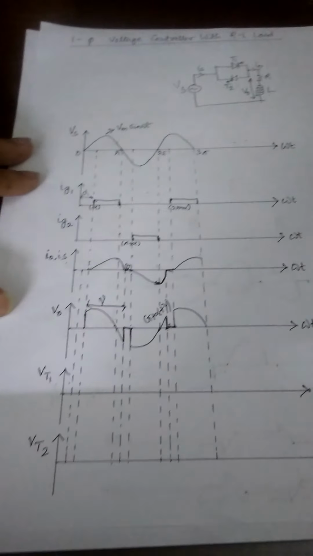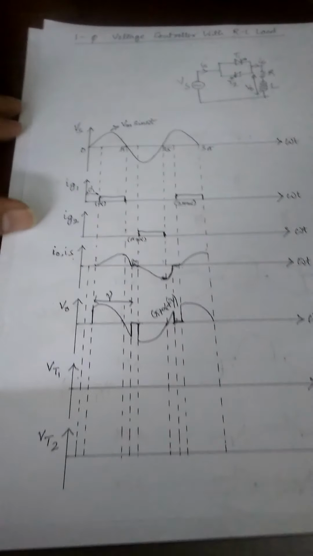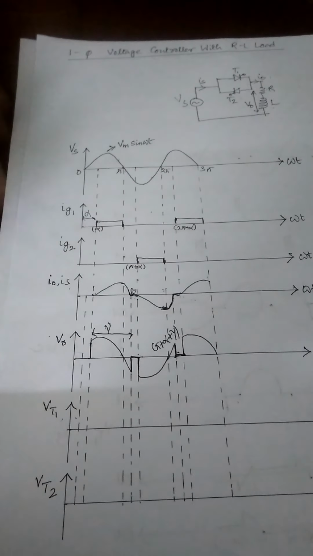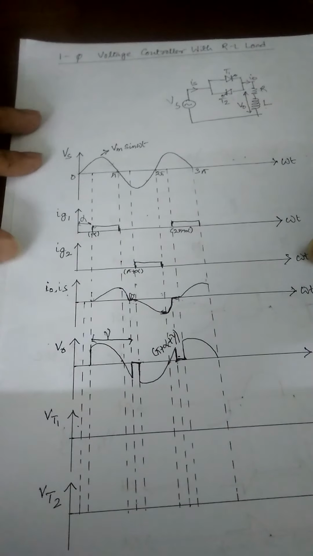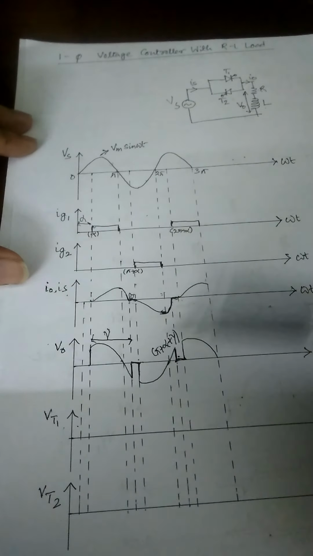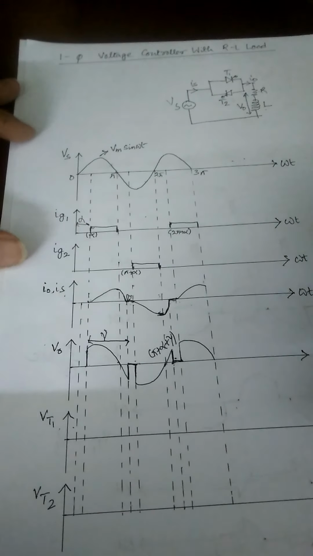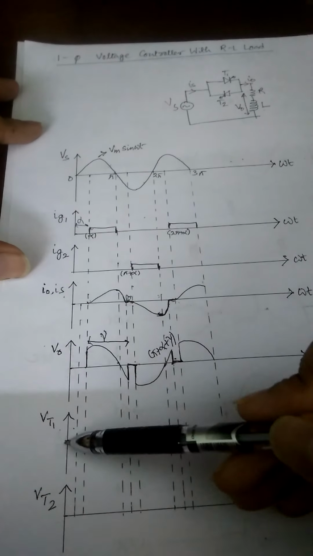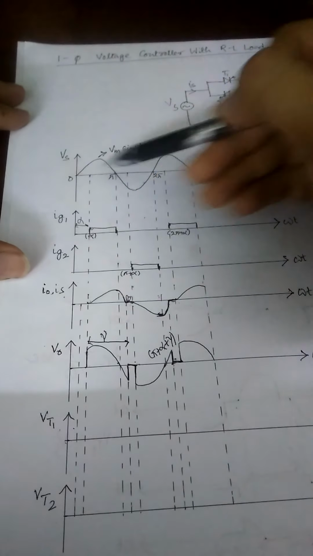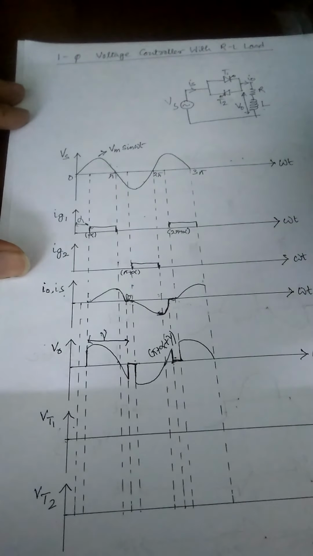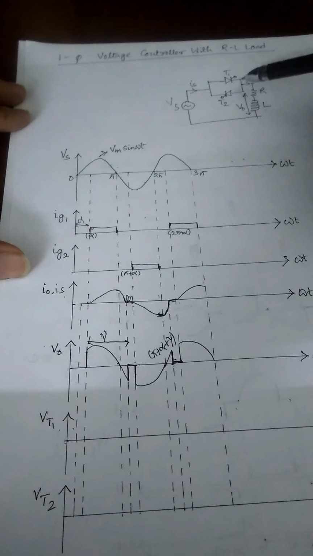We show these because they tell us for which time each thyristor in each cycle is in reverse biased conditions. For thyristor 1, from 0 to pi of the supply voltage, this T1 thyristor is in forward biasing mode.